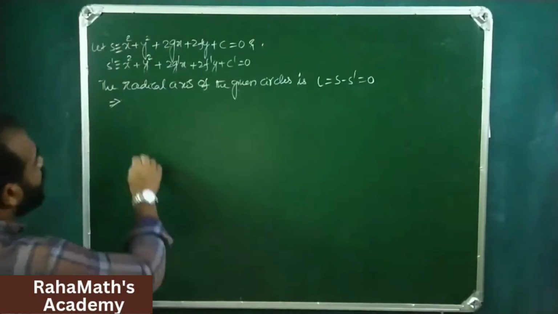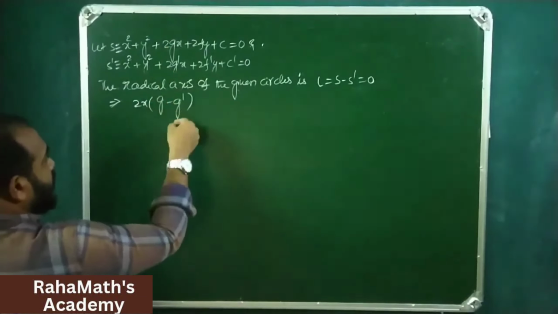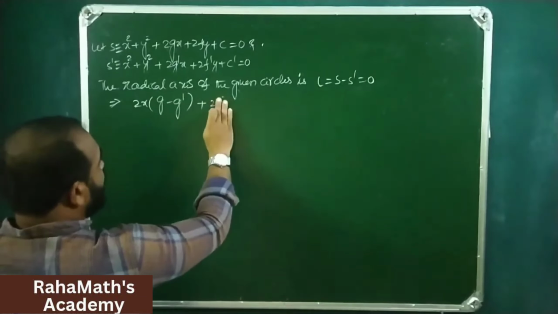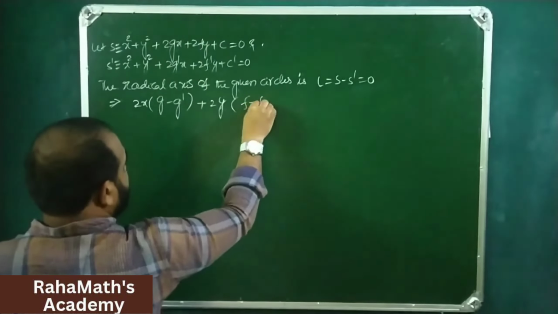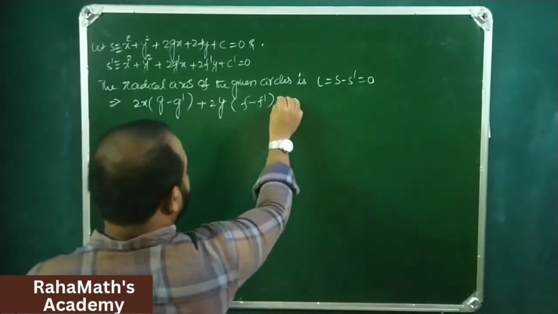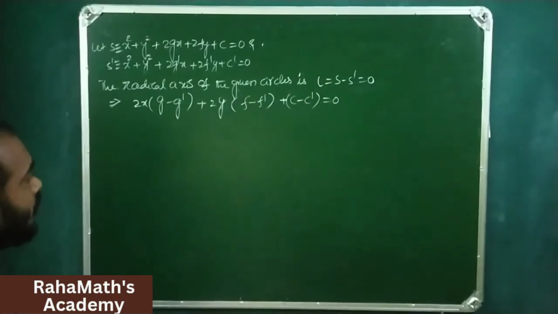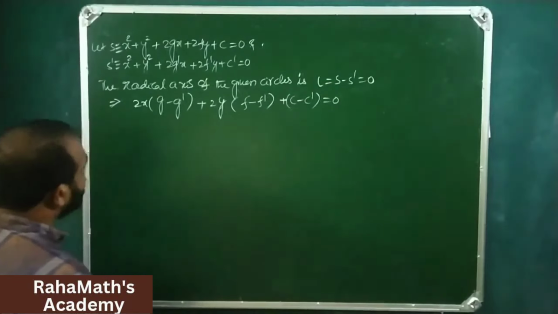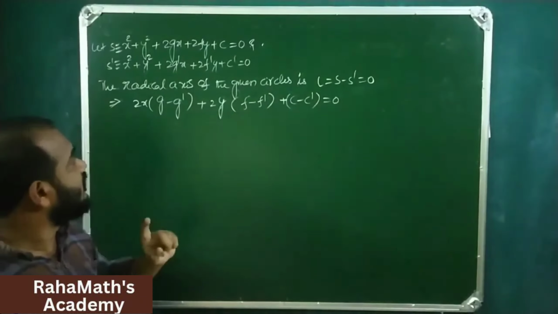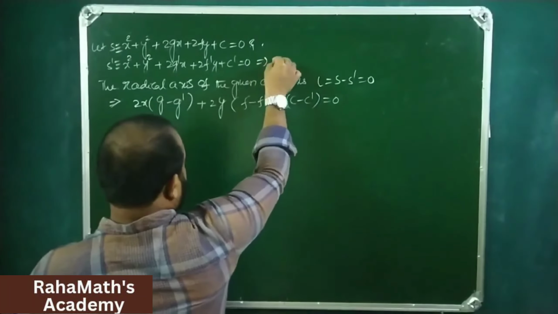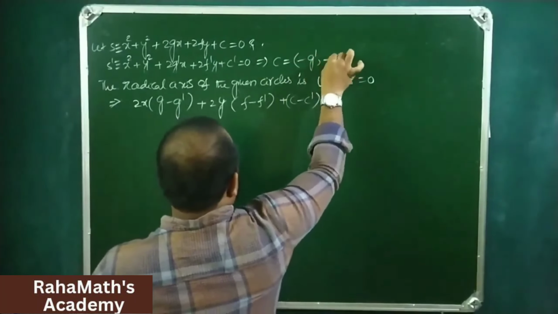This is 2x into g minus g dash, plus 2y into f minus f dash, plus c minus c dash equals 0. So now the radical axis is the diameter of the latter circle. The latter circle is this. What is the center of this? Minus g dash, minus f dash.